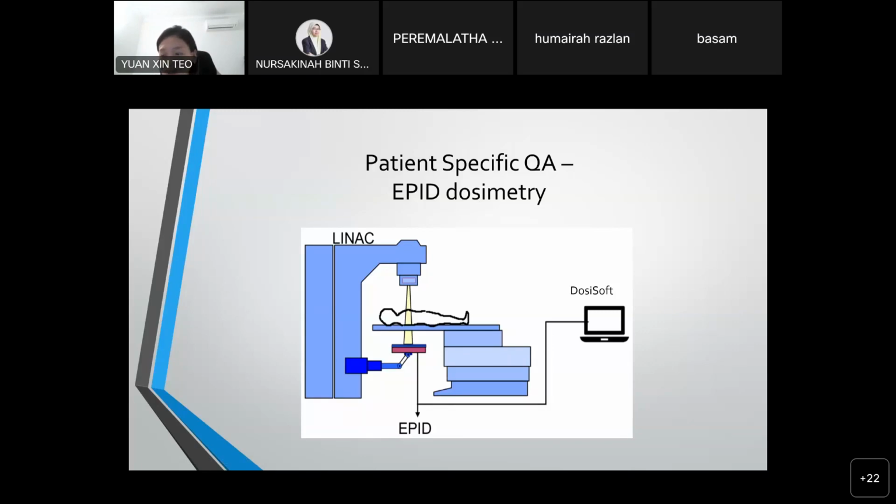In my center, we have had this since early 2020. But this one requires a lot of effort to measure all the data, and we also need collaboration from the radiographers, because when they treat the patient, they need to remember to turn all this on. Then only the physicist can analyze the data after the patient has done the treatment.